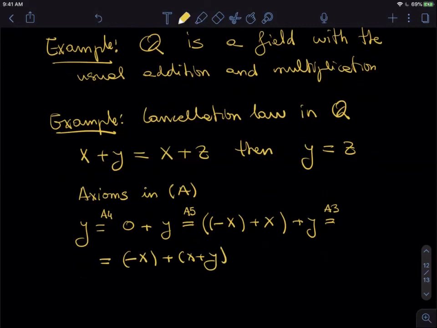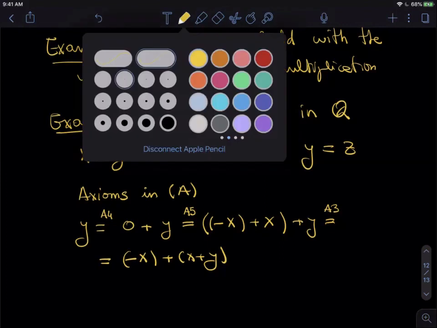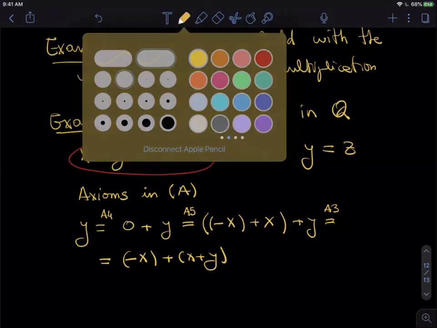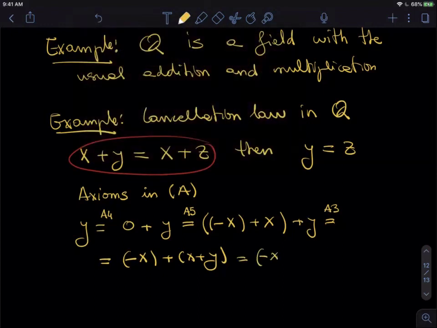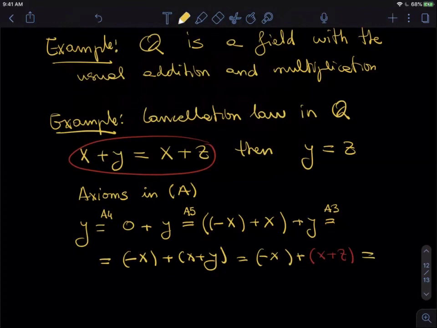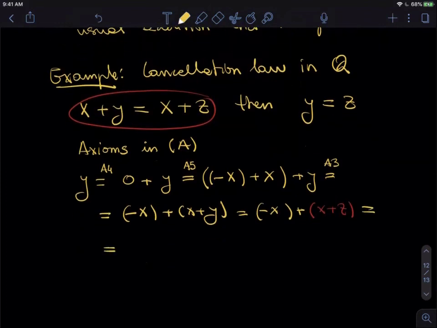Now, because we have this identity, this is our hypothesis. Actually, instead of a star, let me just highlight it with a color. Okay, here we can use that this is equal to negative x plus, and here we use the hypothesis, x plus z, okay? And we keep moving. So now we have here again 3 numbers.